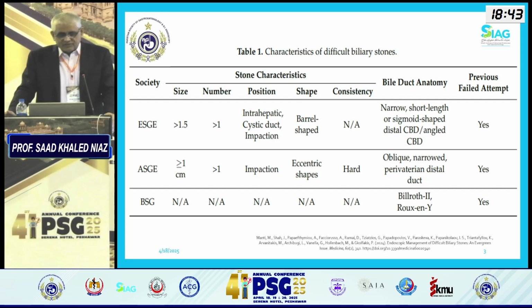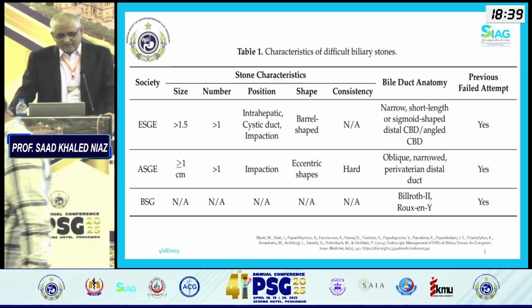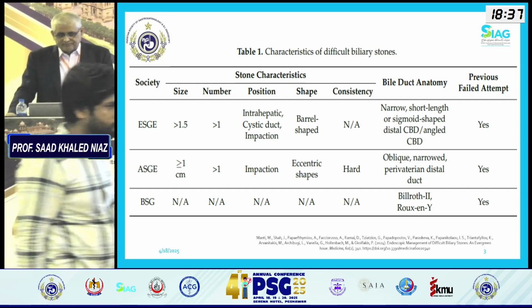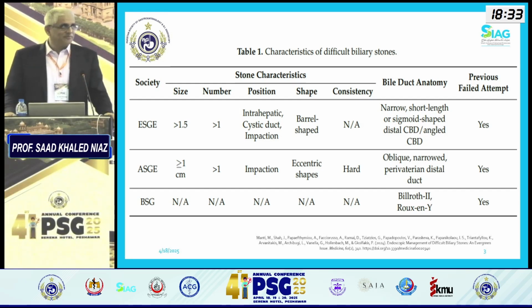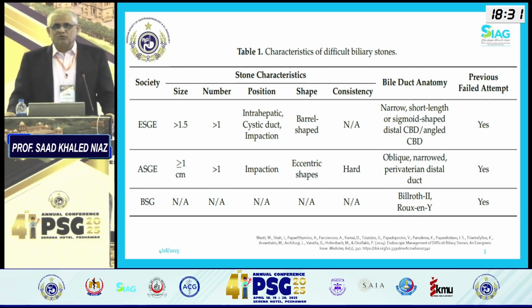Depending on the position, if the stone is impacted, doesn't allow anything to go through, or the duct size is small. Barrel shape and eccentric shape are very similar. But if you have a stone that is square or rectangular in shape, even if it's small, sometimes it can be difficult.